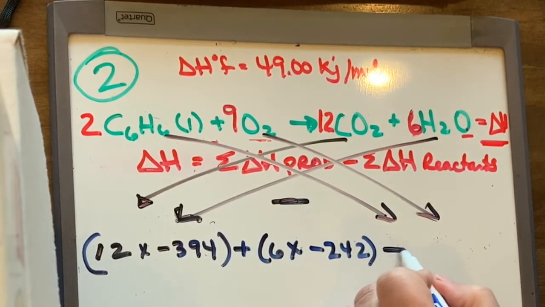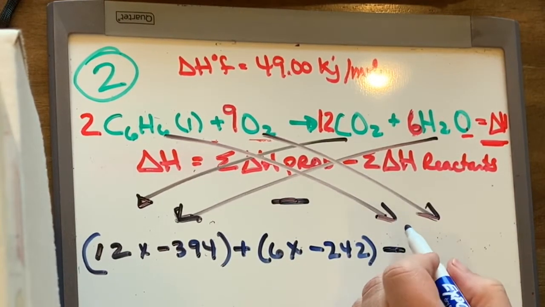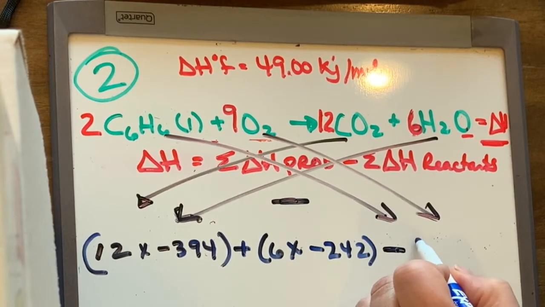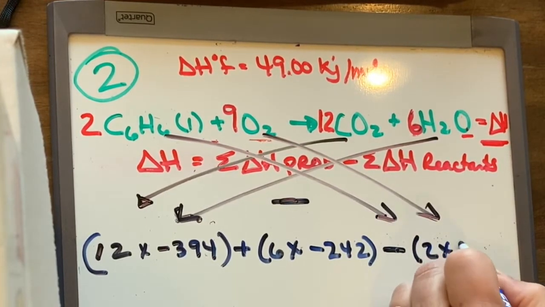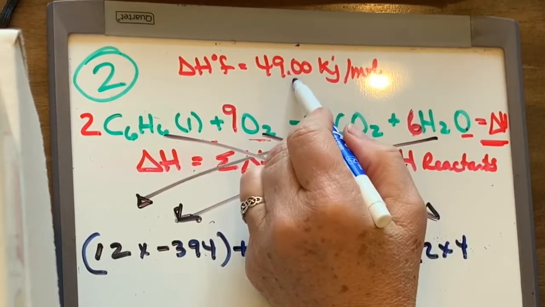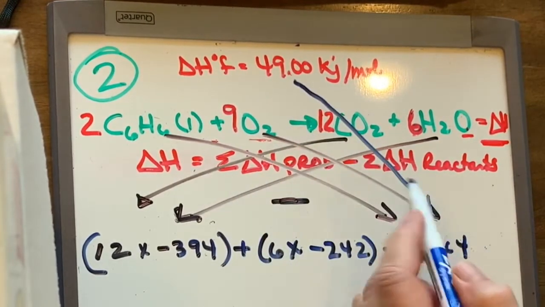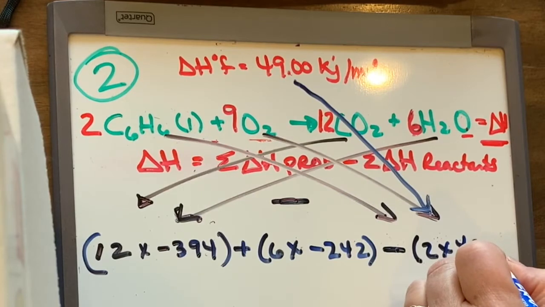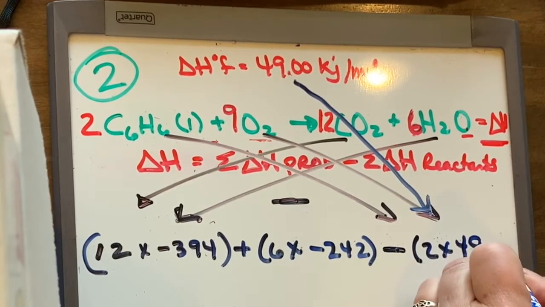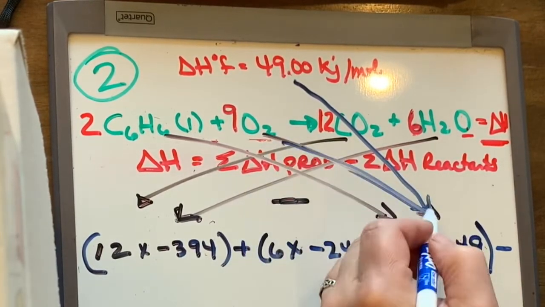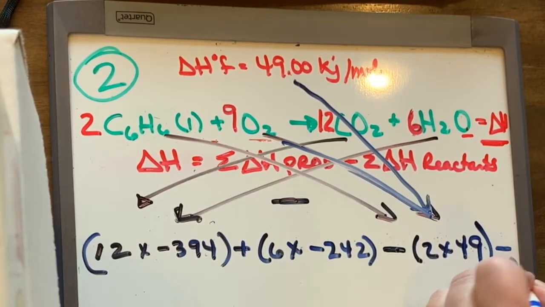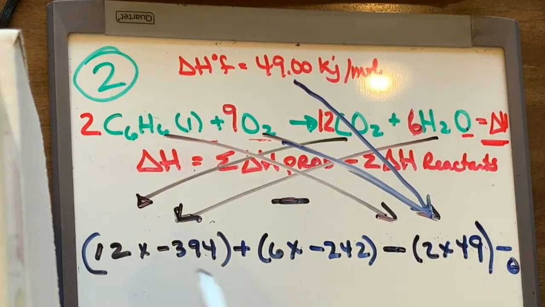Now we're going to start subtracting, and for the C6H6, there is 2 of them, and we know what that is because of this. They told us that 49, and it's positive. And then our O2, which is coming here, it's 0. So there's no formation.